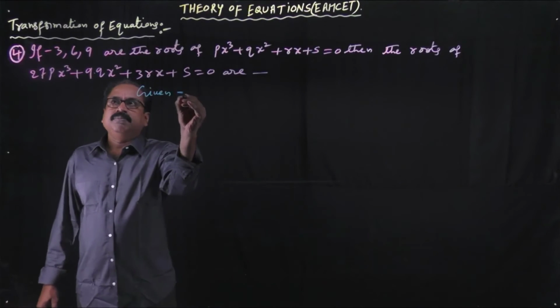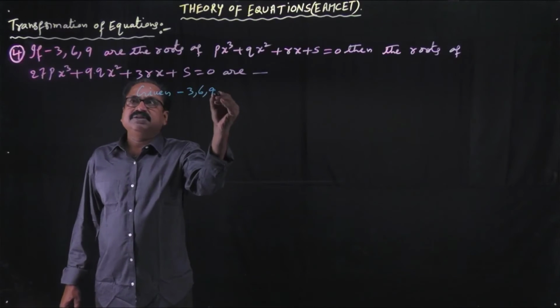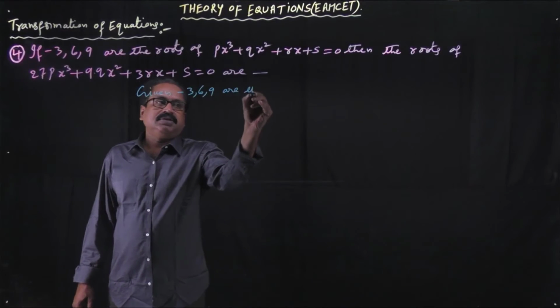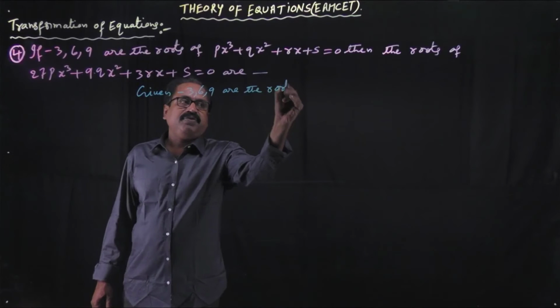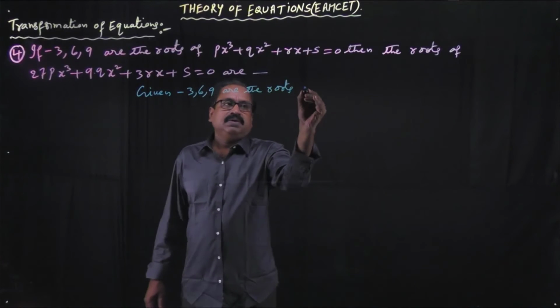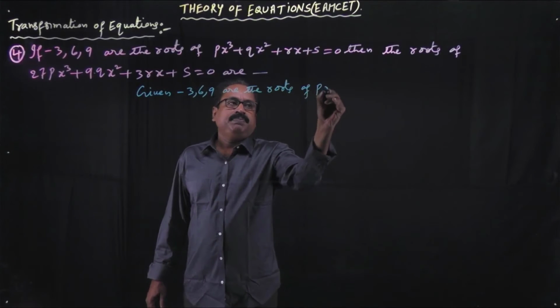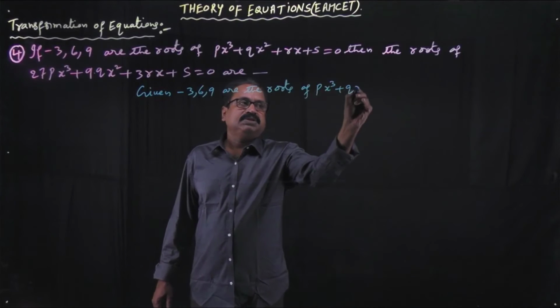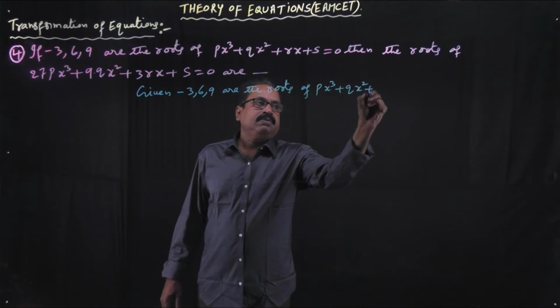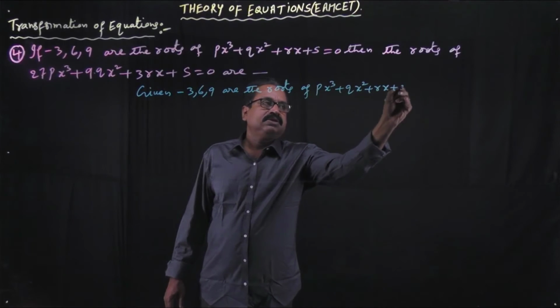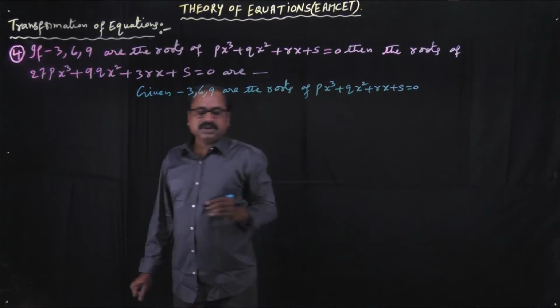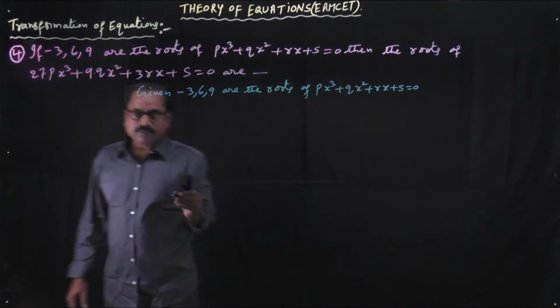Given: minus 3, 6, 9 are the roots of px cube plus qx square plus rx plus s is equal to 0.